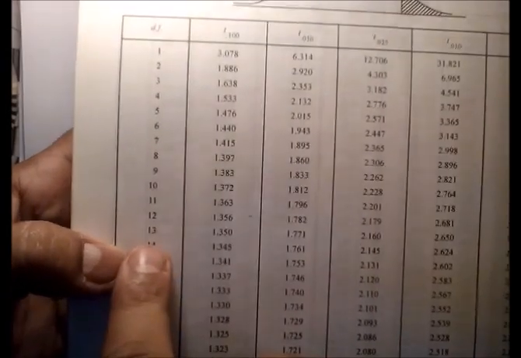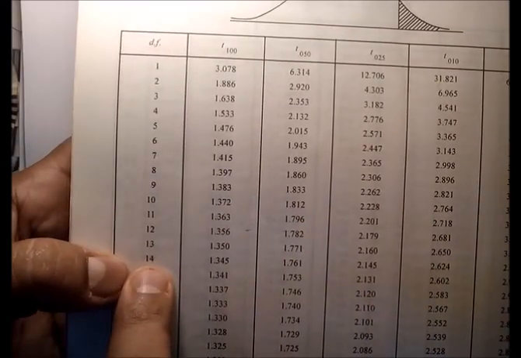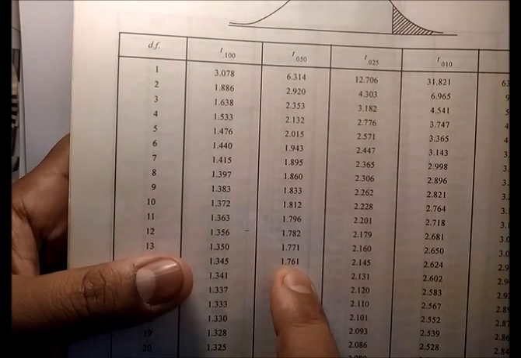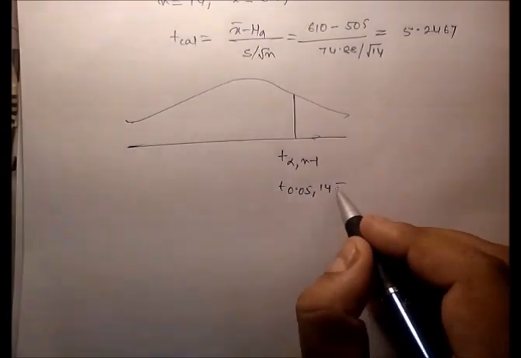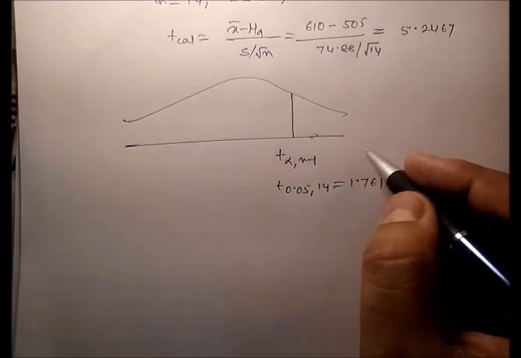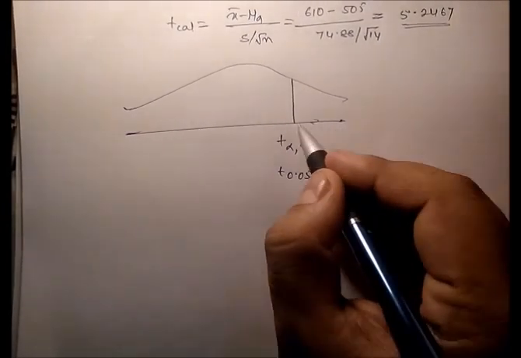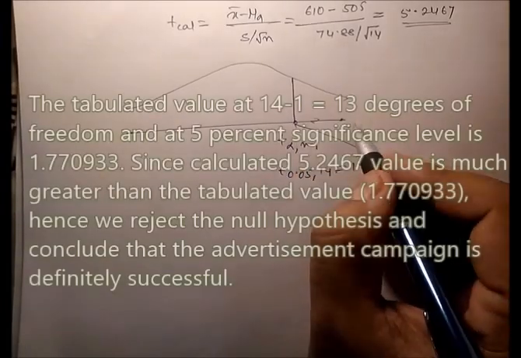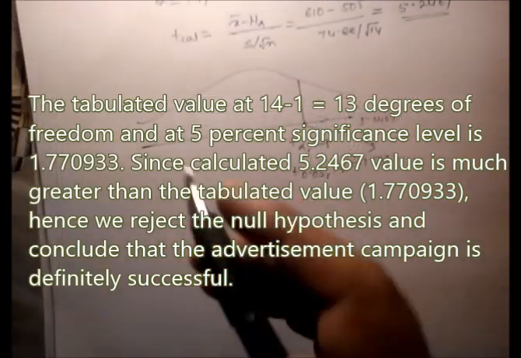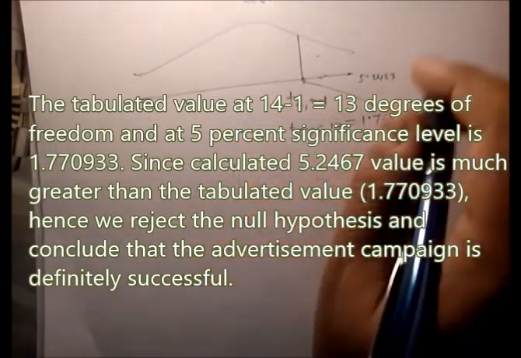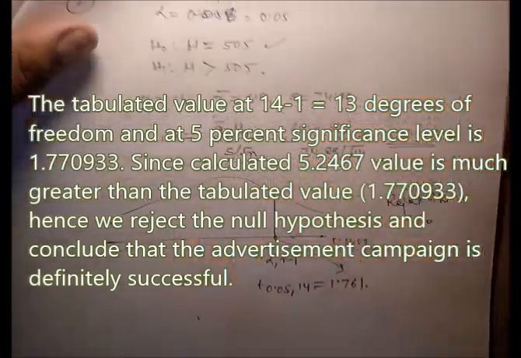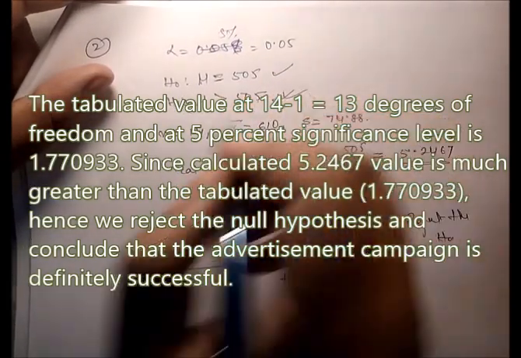Degree of freedom is 14 minus 1, which is 13. Now we look at the table value for alpha 0.05 and degree of freedom 13, which is 1.761. Our calculated value is 5.2467, which lies in the rejection region, so we reject the null hypothesis. Our conclusion: reject H0, which means the campaign is successful.